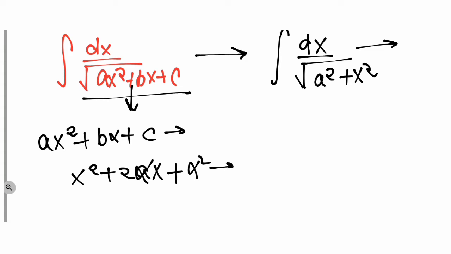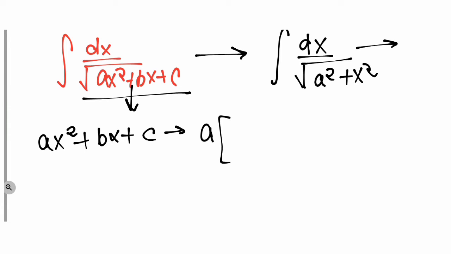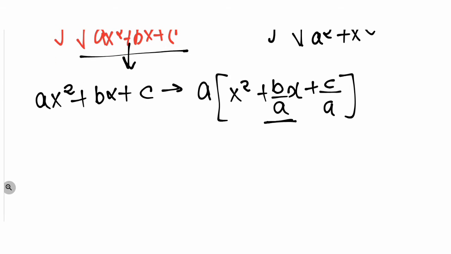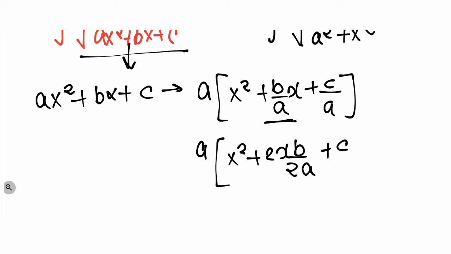So in this form we are going to arrange it such that we take a common, then x square plus b by a x plus c by a. Now we have to see this as 2 alpha x, which means we have to see this as 2x into b by 2a, plus c by a.